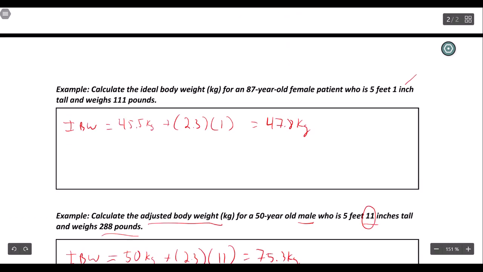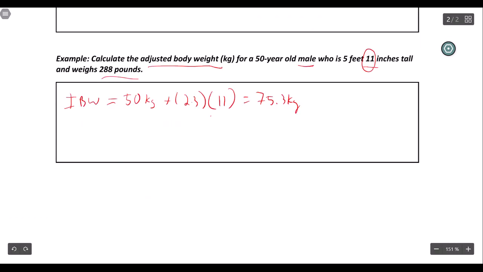So the adjusted ideal body weight is going to be the ideal body weight, 75.3, plus 0.4, 40%, times the difference between the actual minus the ideal.